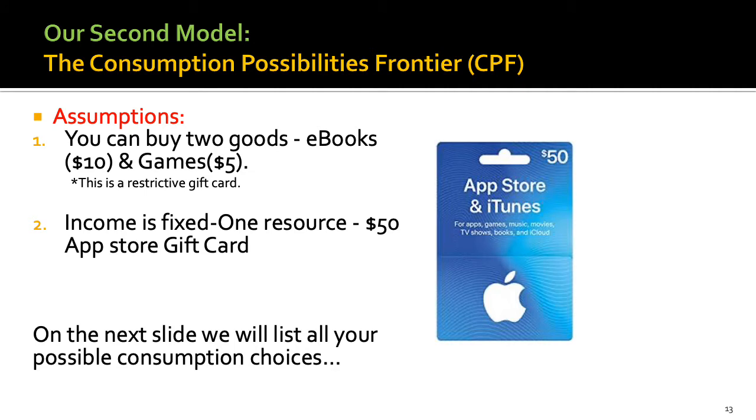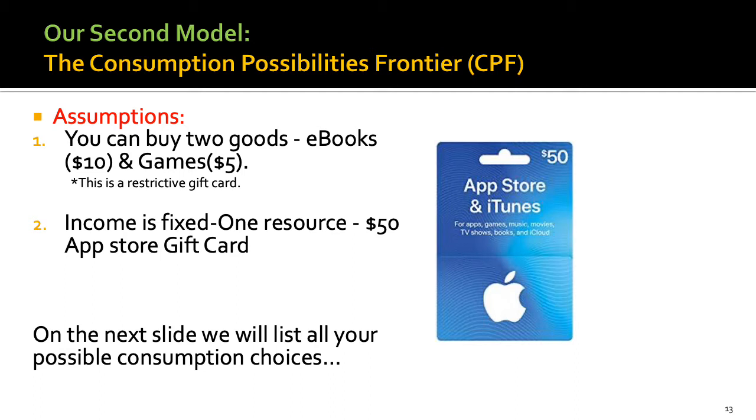Our second model. We start off looking at the concept of consumption possibilities in order to illustrate the idea, or quantify the idea, of opportunity cost. So we make two assumptions in this case. We say you can buy two goods, and these two goods are ebooks and games at the App Store.